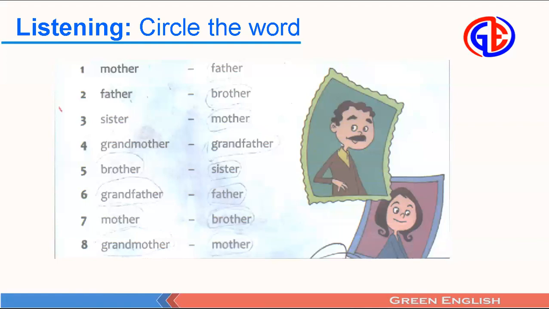Next. Number 5, sister. Moving on. Number 6, grandfather. Number 7, brother. Last but not least, number 8, grandmother. Okay.